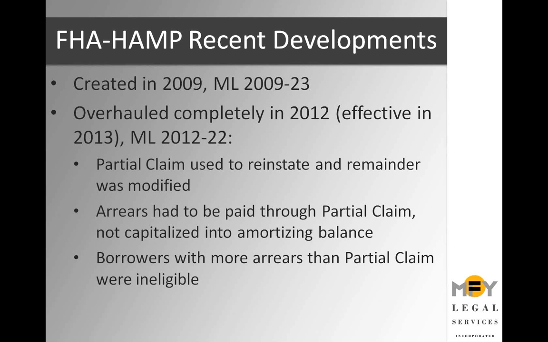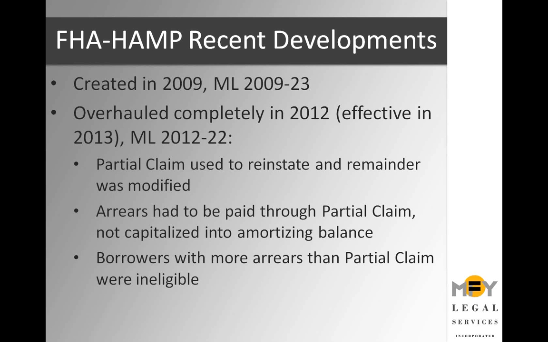So FHA HAMP was created in 2009 with Mortgagee Letter 2009-23. But it was overhauled completely in 2012, in a series of changes that were actually not effective until 2013. Under 2012-22, the partial claim was always used to reinstate the mortgage, and then the remaining balance of the mortgage was modified.